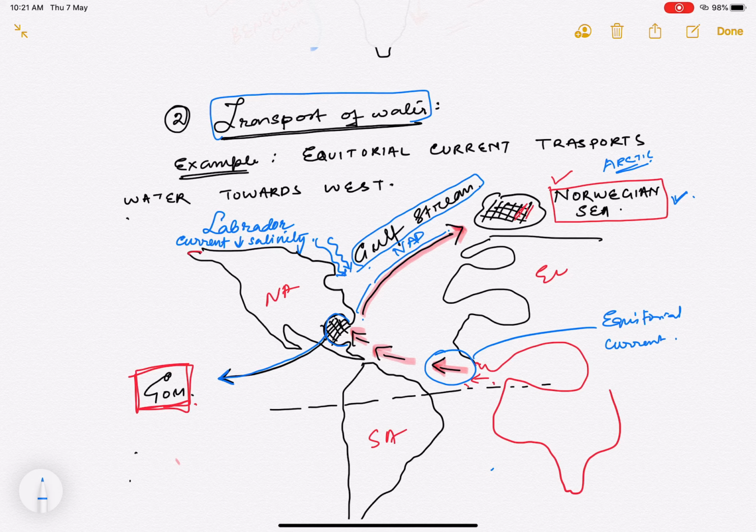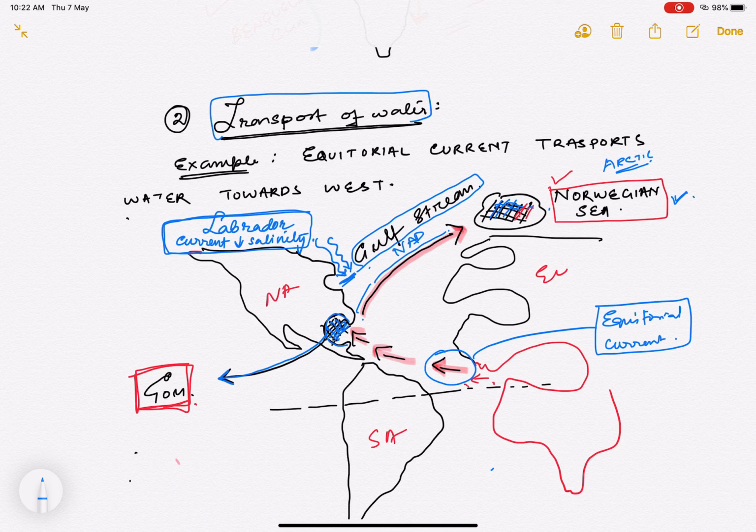Again, see, like this, your equatorial current increases the salinity of your Gulf of Mexico. Similarly, the Gulf Stream from here increases the salinity of your Norwegian Sea. Similarly, we have the Labrador current, which is the cold current that reduces the salinity over here. I hope you understood why.